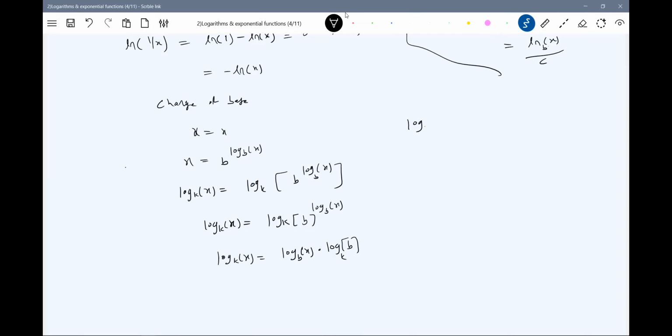Further, log x to the base k by log b to the base k is equal to log x to the base b. K can be anything, any value, but what is the condition for k? K should be greater than 0, and k should not be equal to 1.